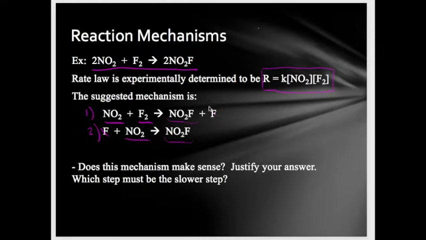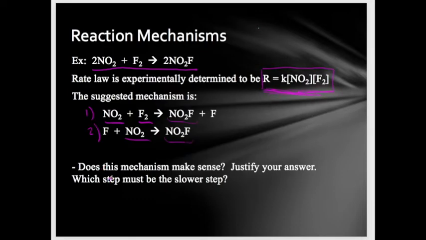But what we didn't see in the last example is that there's something else I need to consider. I have got to consider whether or not this mechanism makes sense with the rate law that I know is true for this reaction. What has got to be true about a rate law as it relates to reaction mechanisms? Well, this must fit the stoichiometry of the equations of one of the steps.